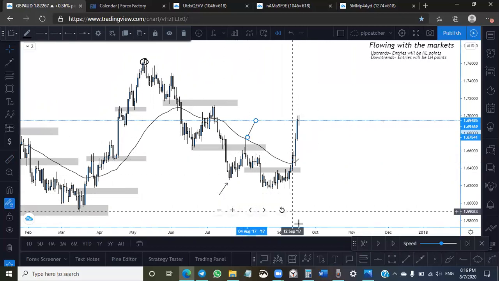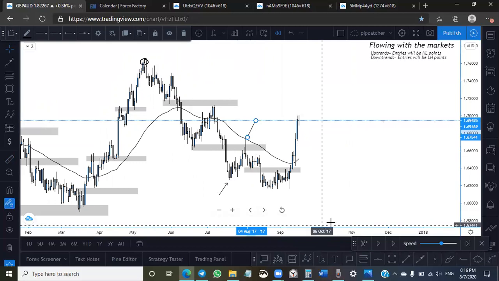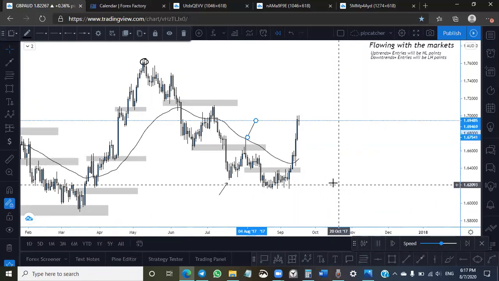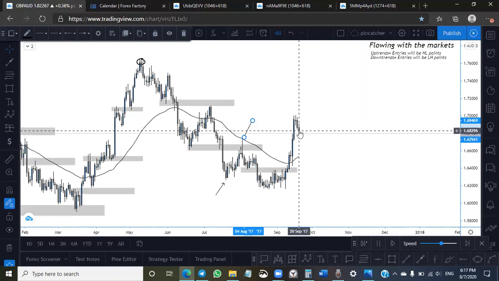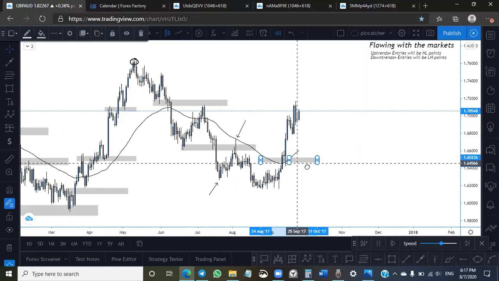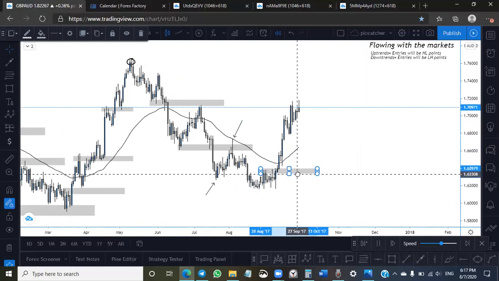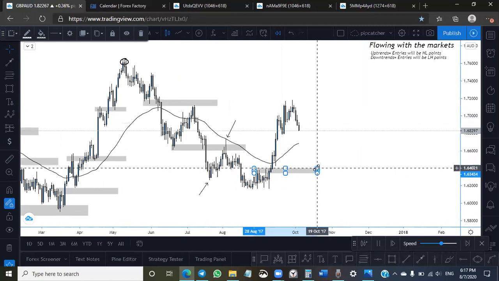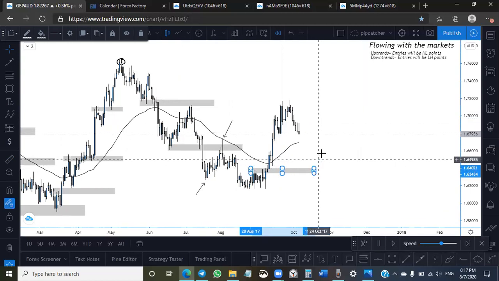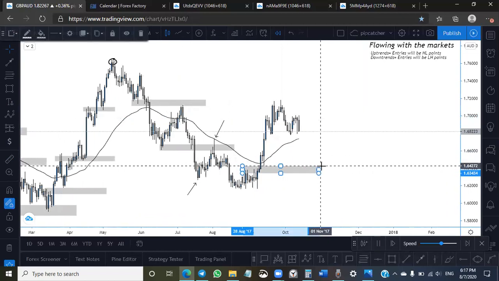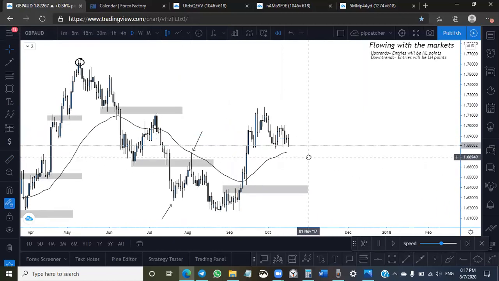So now, with that being said, we see this impulse up, right? So potentially now maybe we can come back down into this area where structure had gotten broken for maybe a continuation for buys now.